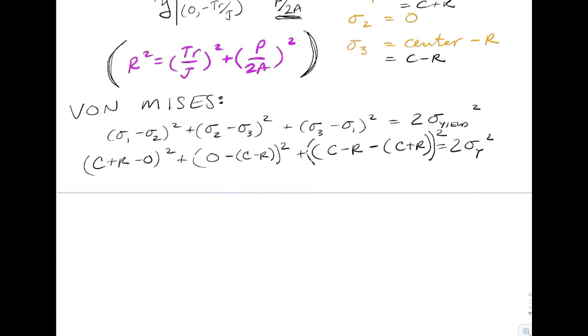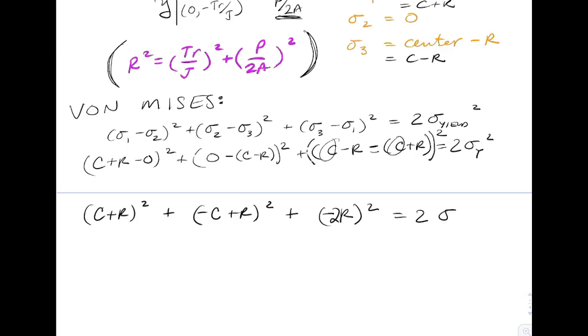So at this point, we're just going to continue to simplify and manipulate and multiply this thing out. So I'm going to take my time here: c plus r squared plus minus c plus r squared plus, and a c minus a c inside there, so we're going to end up with 2r, minus 2r quantity squared is equal to 2 sigma yield squared.